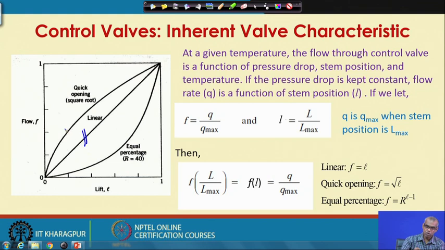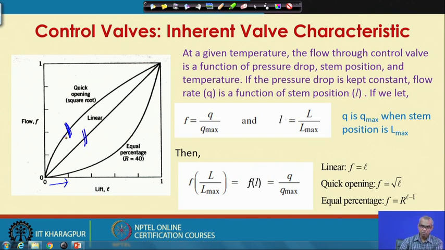But in case of quick opening, as the lift increases slightly, the flow increases to a large extent.